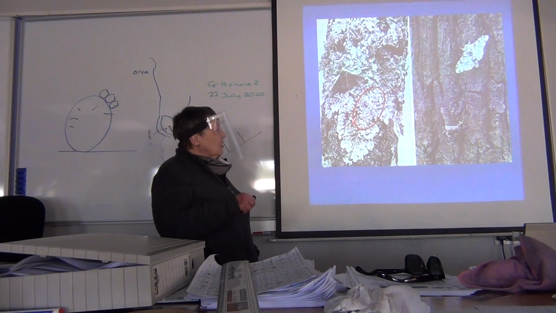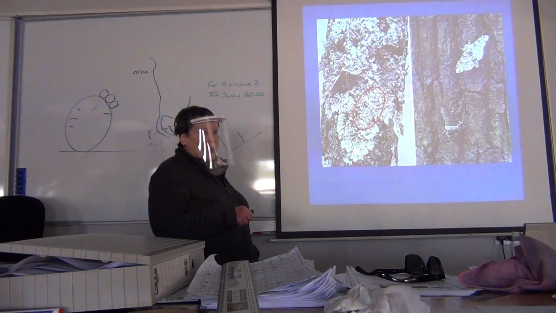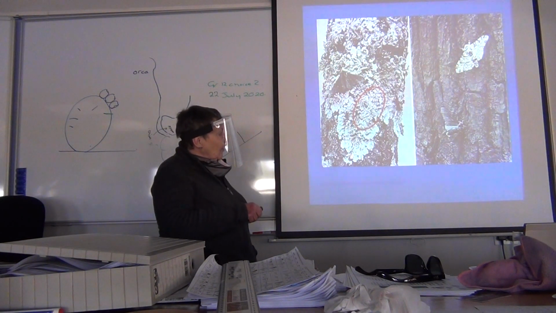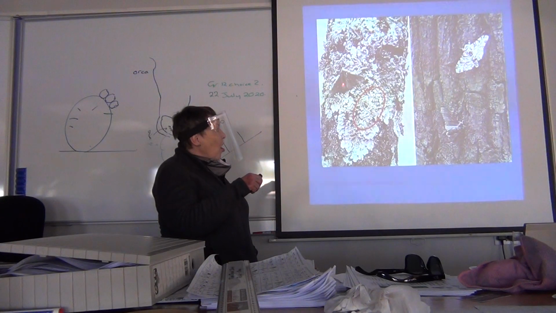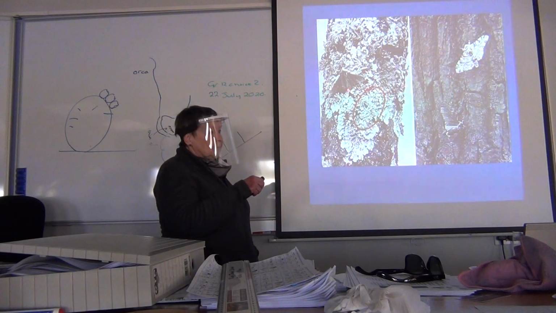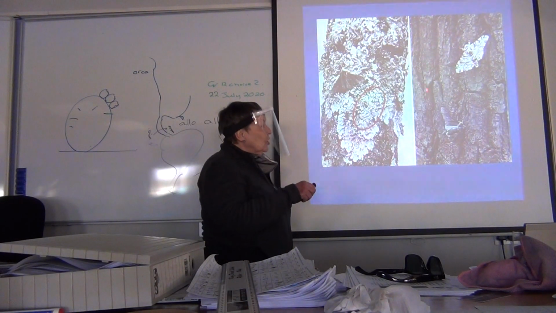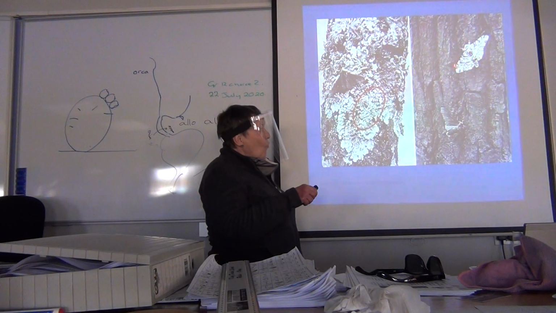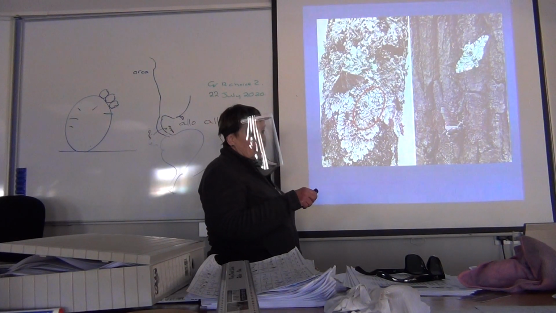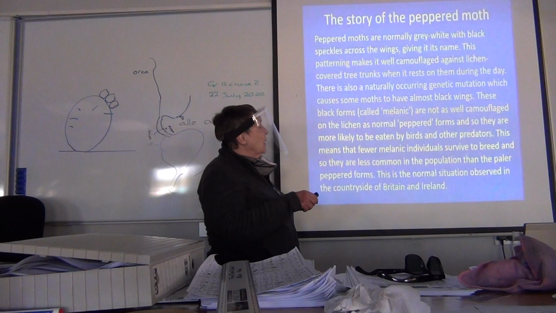So on a tree that has got lots of lichen, you guys know what lichen is, the speckled or light form is camouflaged and the melanistic or dark form is obvious. On a tree which has very little lichen, the dark form is camouflaged and the light form is very obvious. Okay, you happy with that?